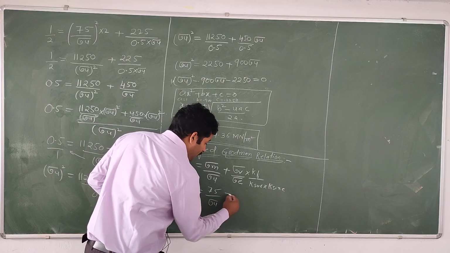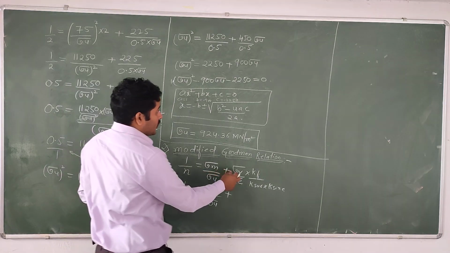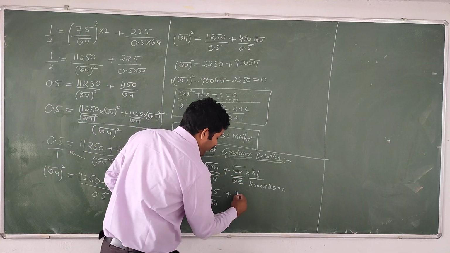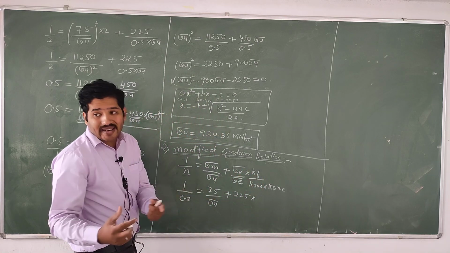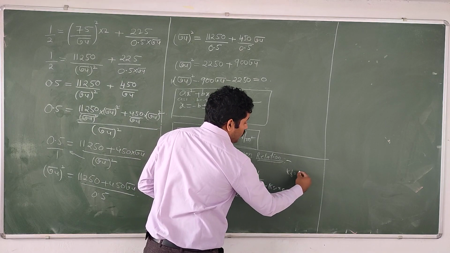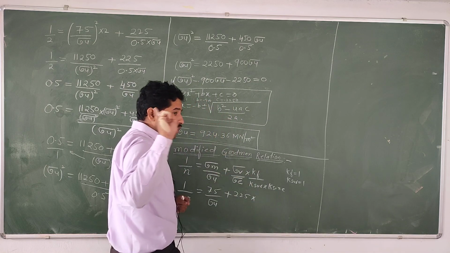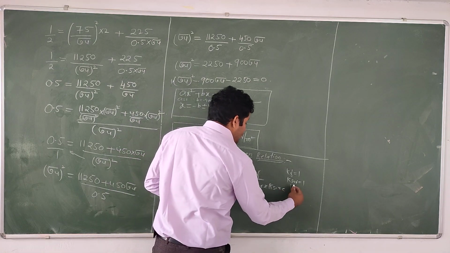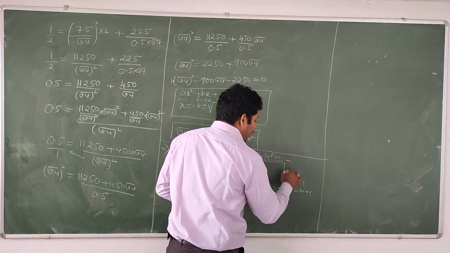Plus variable stress, we got 225. K surface finishing factor is not given, so you need to consider it as 1. K size factor, if it is not given, you need to consider as 1.